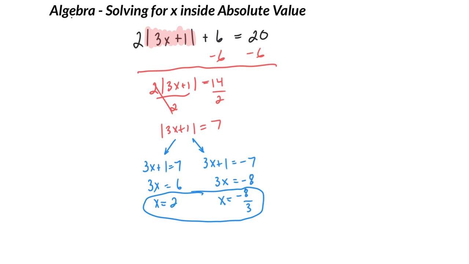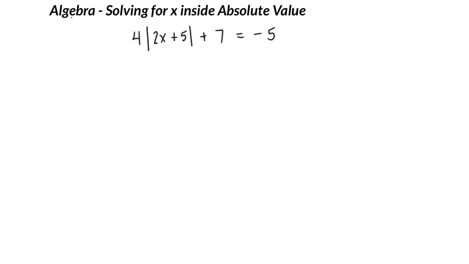Let's do another one. 4 times the absolute value of 2x plus 1, plus 7, is negative 5. Let's begin solving. And just remember, we're going to leave this piece untouched until it's the only thing remaining on that side. So subtract 7. Divide by 4.